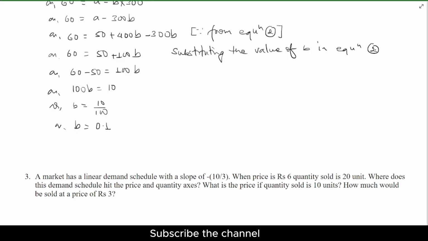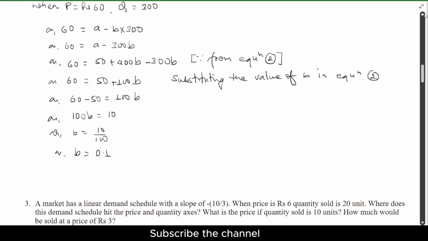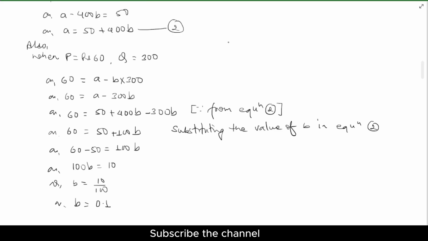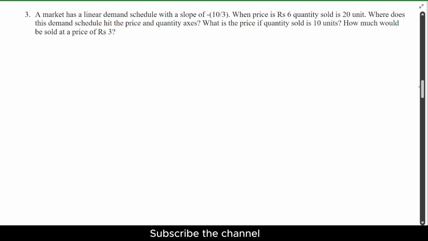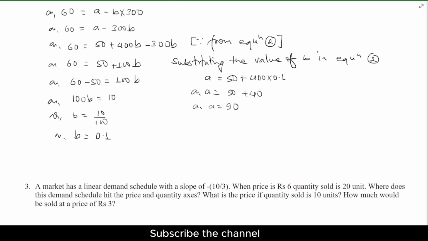Okay, in equation 2, A equals 50 plus 400B. The value of B is 0.1, so A will be 50 plus 40, or A equals 90. The value of the parameters: A equals 90 and B equals 0.1.